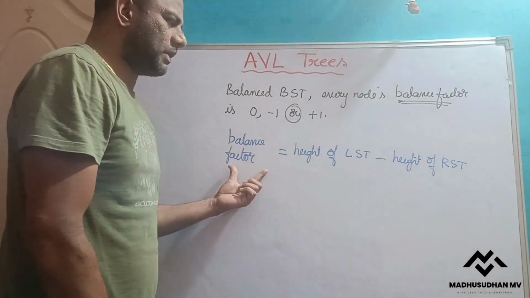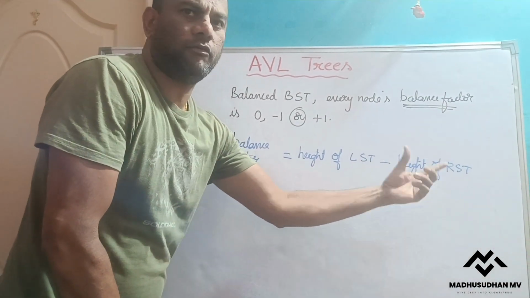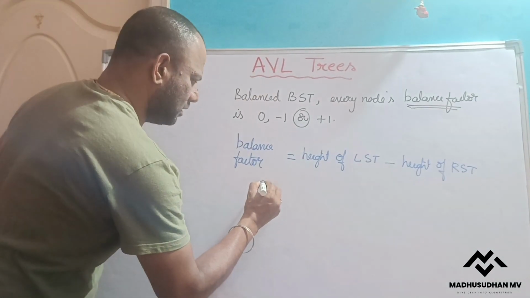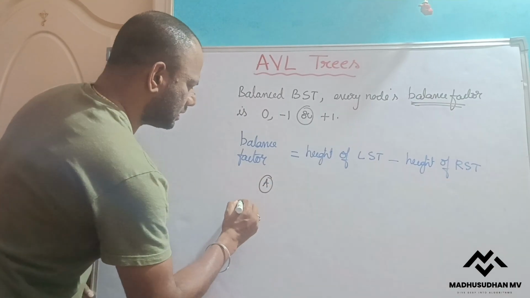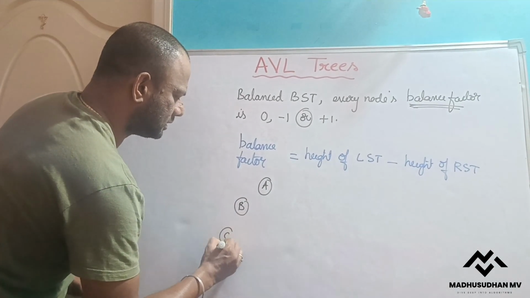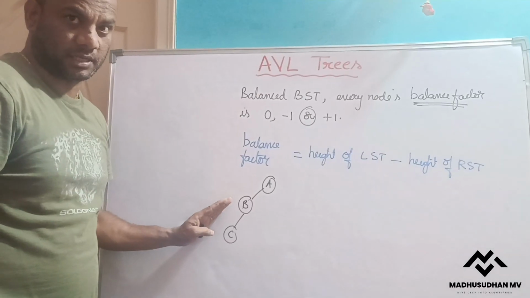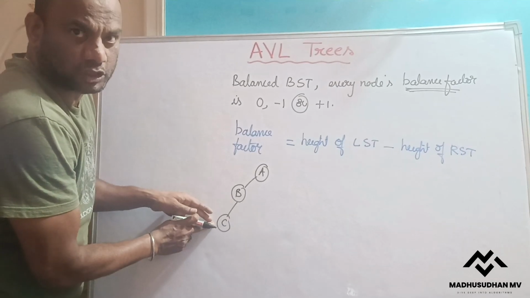Now let us take some examples randomly. For example, say this is A, this is B, this is C. This is again a binary search tree. Now I want to find the balance factor of this node.